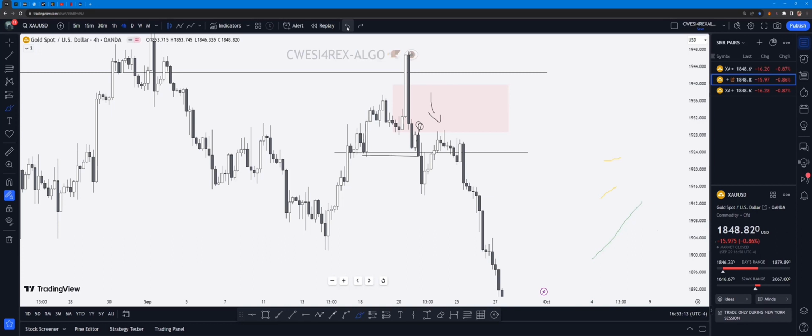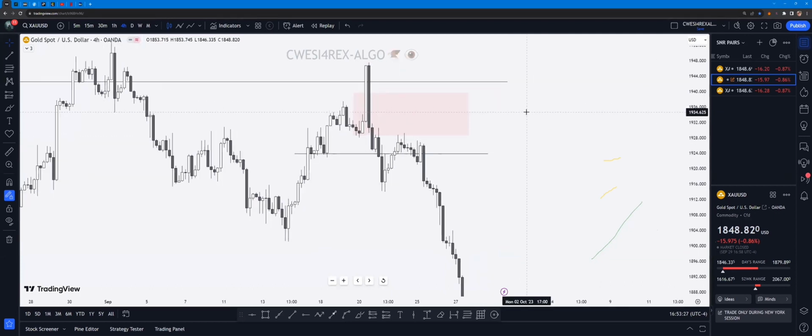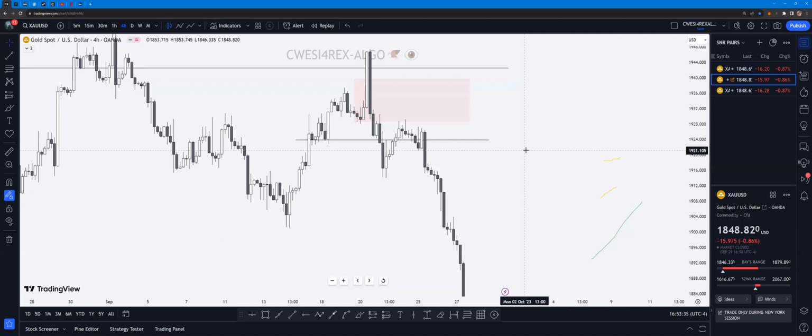Right now we are breaking down the weekly time frame storyline, refining it to the daily time frame, right? But you have to keep at the back of your mind that you are in a weekly bearish storyline. So you're holding it from weekly to weekly. Okay.